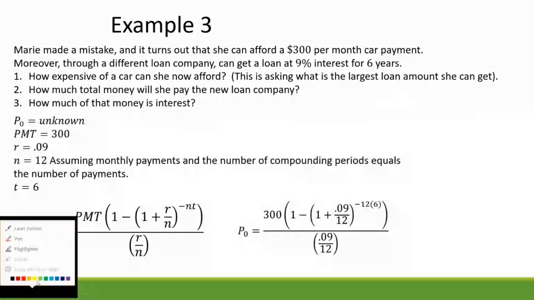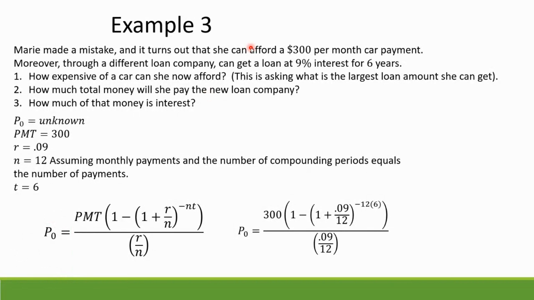So now she's making a monthly payment of $300. So she's paying $300 a month. The interest is 9%, so our R is 0.09.